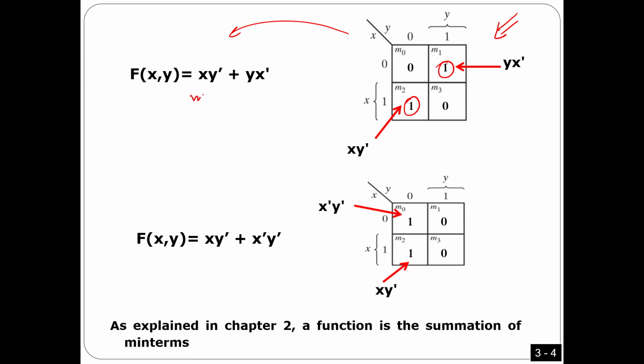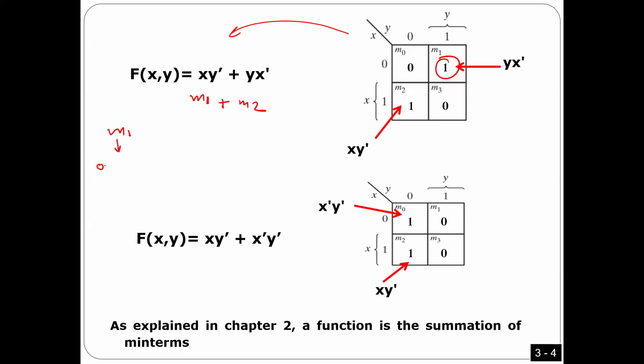This one is actually minterm number 1 or minterm number 2. And minterm number 1 here is actually y x prime. You know why? Simply because this is in the area of y. This is also something you need to learn, okay? If I tell you M1, can you get the minterm of this one? Yeah, someone can tell me, you can do it in different ways.